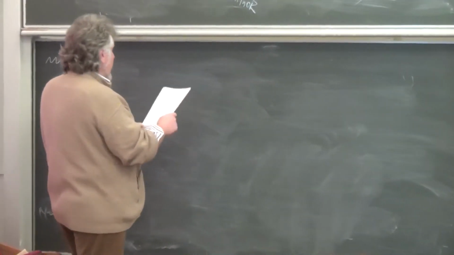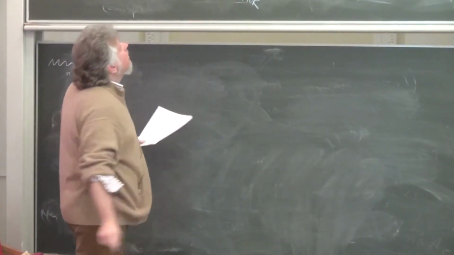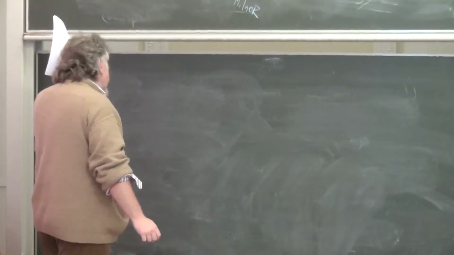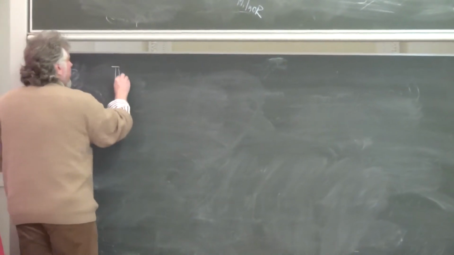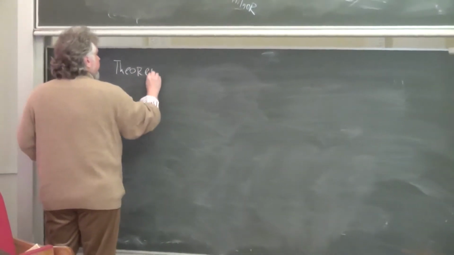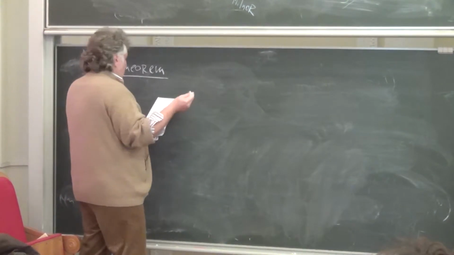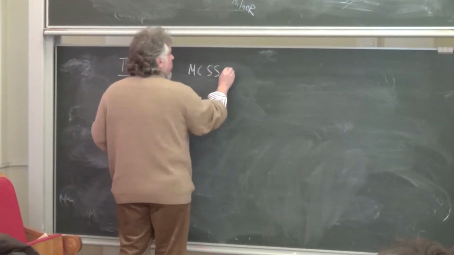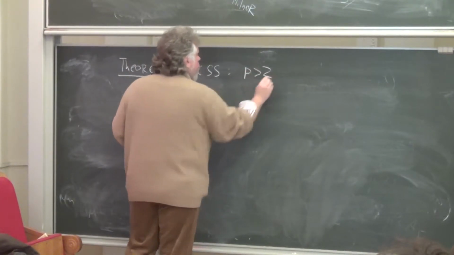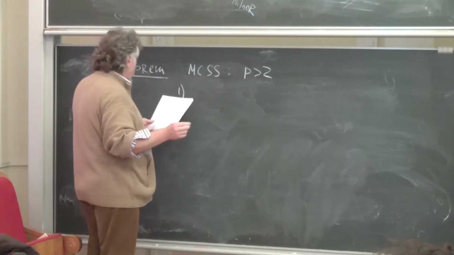Okay, so now let me explain what we can say about these differentials, and formulate the following theorem. In the motivic cohomology spectral sequence, for p greater than 2 and p-local coefficients, the following statements hold.